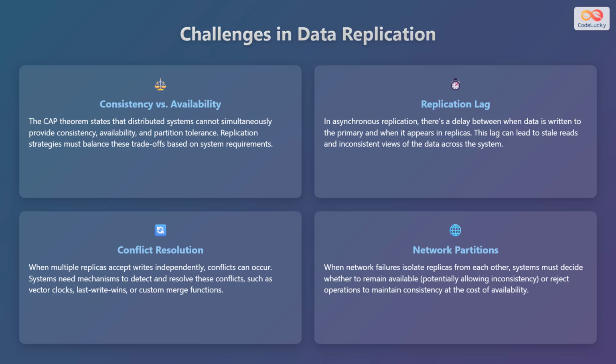Conflict resolution is necessary when multiple replicas accept writes independently, requiring mechanisms like vector clocks or last write wins. Finally, network partitions can isolate replicas, forcing systems to decide between maintaining availability, potentially at the cost of consistency, or rejecting operations to preserve consistency, but reducing availability.